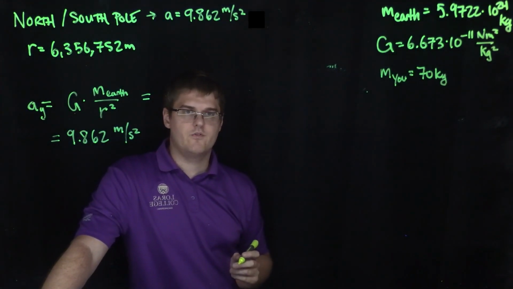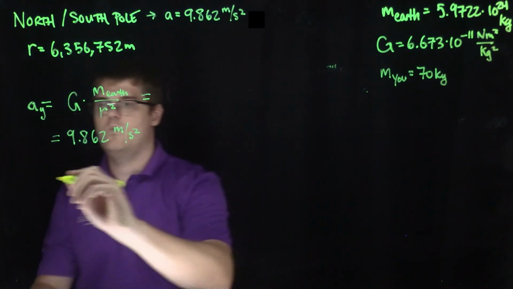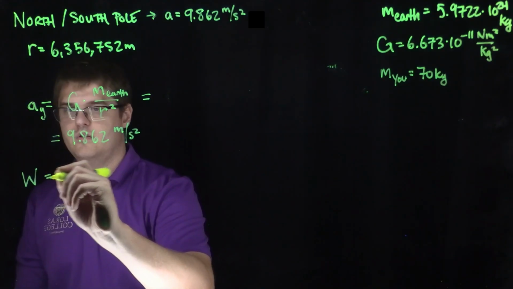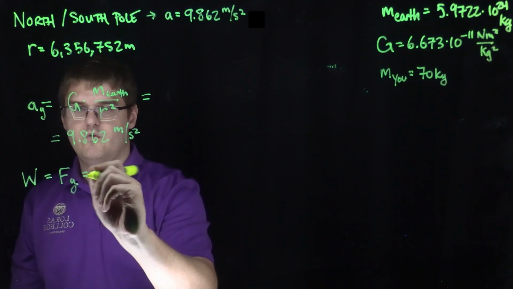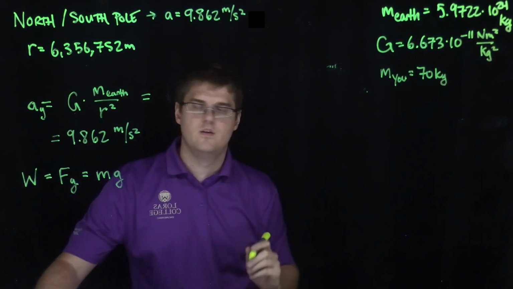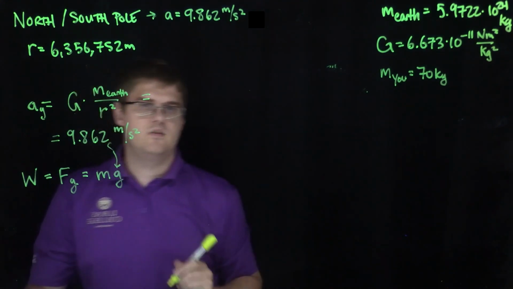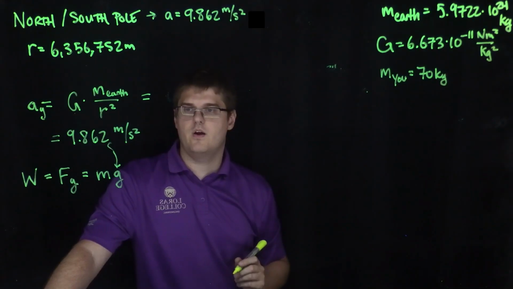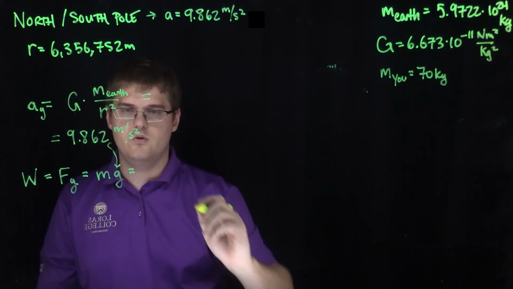Okay, and from that, how do we get the weight? Well, all weight is the force caused by gravity on you. Force caused by gravity is mass times gravity. So this gravitational constant is that number right there. So instead of using 9.81, we're going to use 9.862.